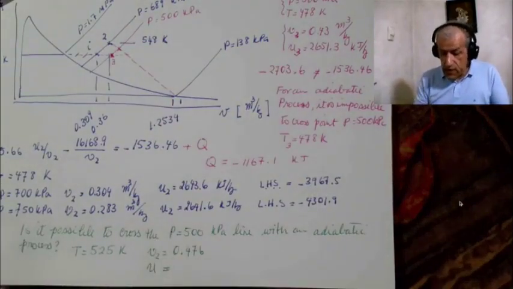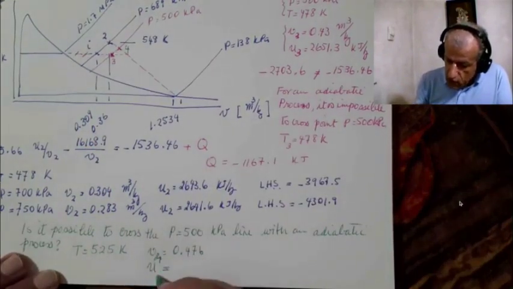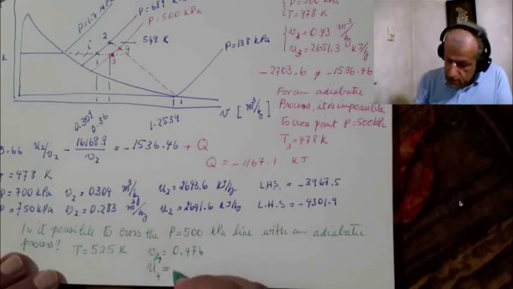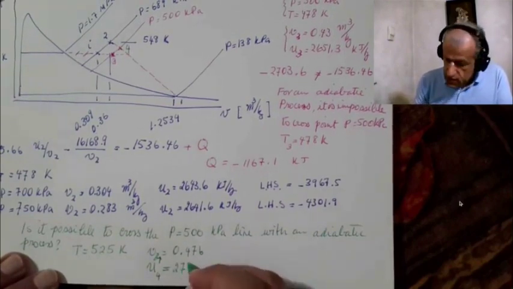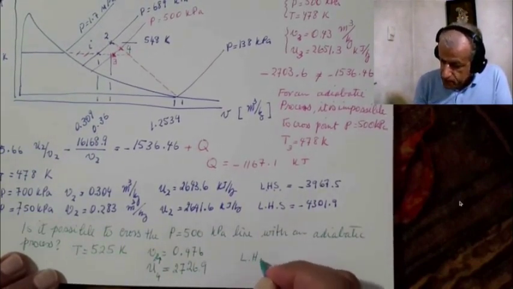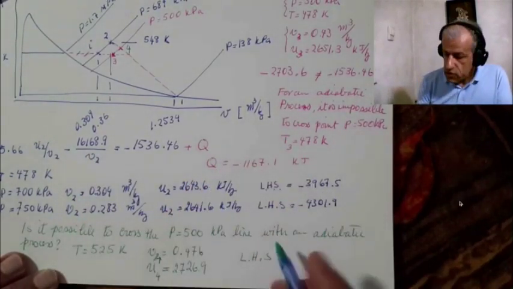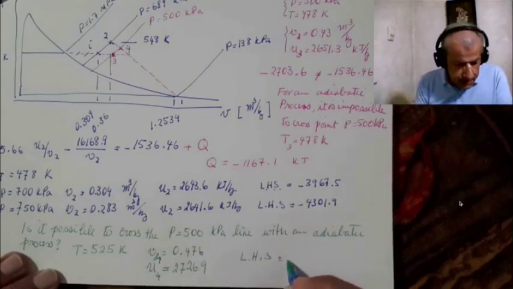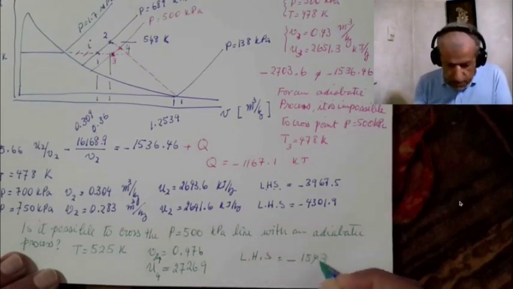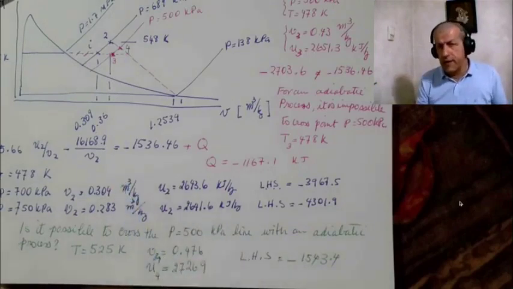And let's call this one point 4, so this would be V4 and U4, and U4 would be 2726.9. And the left-hand side of this equation without Q would be minus 1543.4, which is close enough to this one.